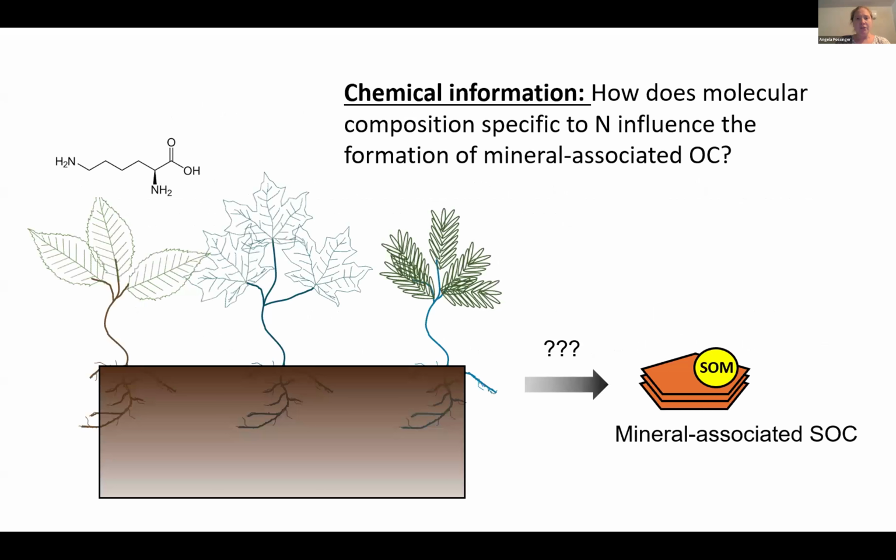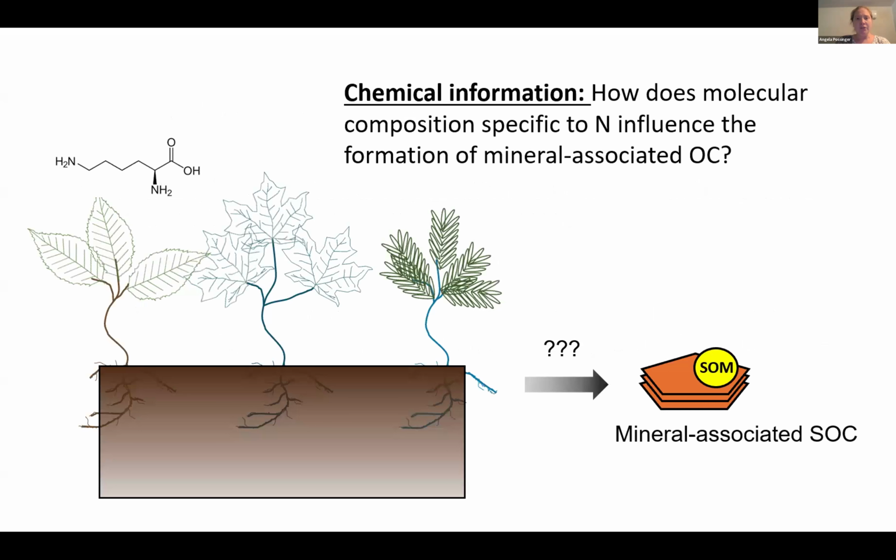With respect to chemical information, I mentioned that we found this distinctive enrichment of nitrogen-rich aliphatic carbon at the organo-organic interfaces versus nitrogen-rich carboxylic acid oxidized carbon at the mineral interface.